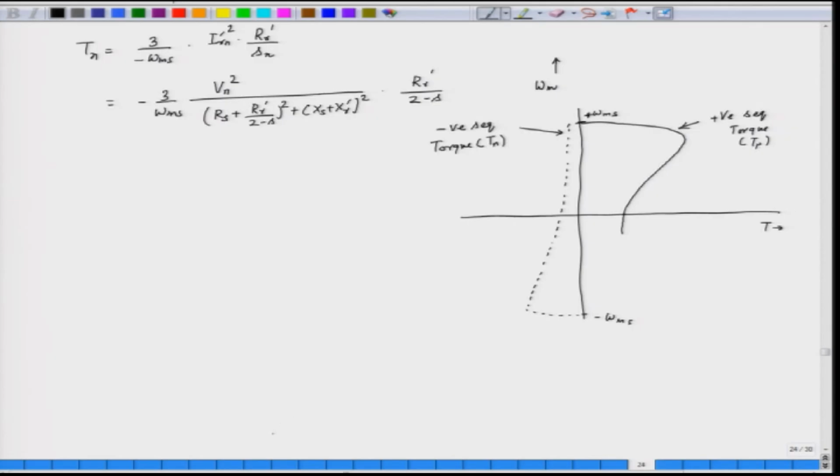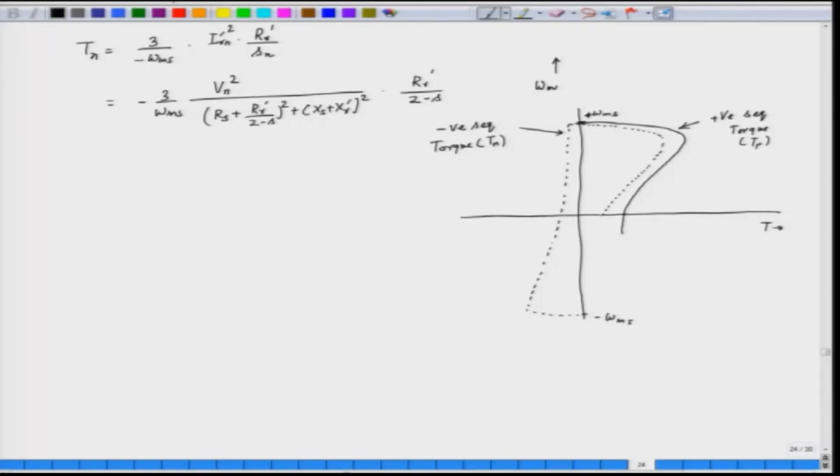So, what about the total torque? Because the motor has got only two torques, T p and T n, the total torque is the sum of these two torques. If we sum these two torques, we get the overall torque or the net torque. The net torque is given like this, it is somewhat reduced from the original one.